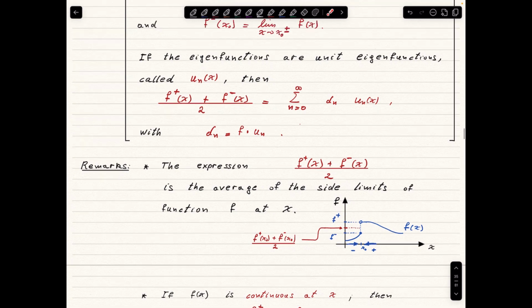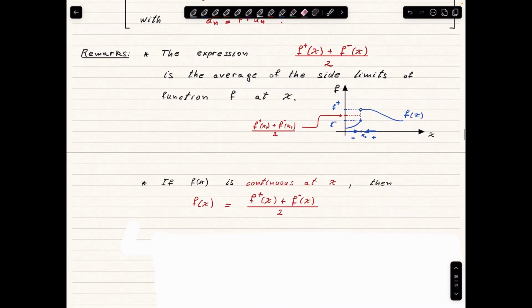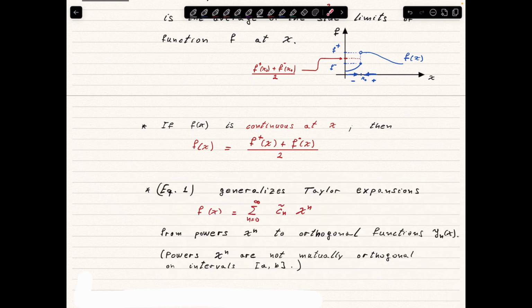This type of expansion, so this expansion here, is a generalization of other types of expansions. We have seen this type of expansion before, although not with orthogonal functions. Recall that when we have a continuous function f of x, we can always compute an expansion in terms of power functions, and these coefficients are nothing more than the n-th derivative of the function evaluated at 0 over n factorial.